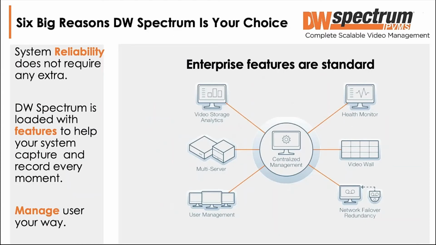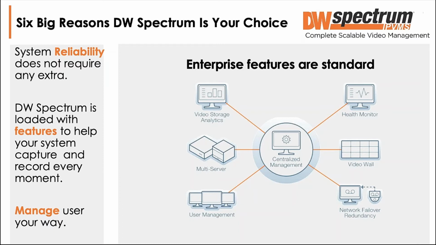Next big reason is its enterprise capabilities. System reliability does not require any extras. DW Spectrum is a complete software. It includes centralized management, multi-server, and health monitoring. We'll get into some more health monitoring options that we're coming up with. But the big one here that everybody tends to focus on is the failover capability.